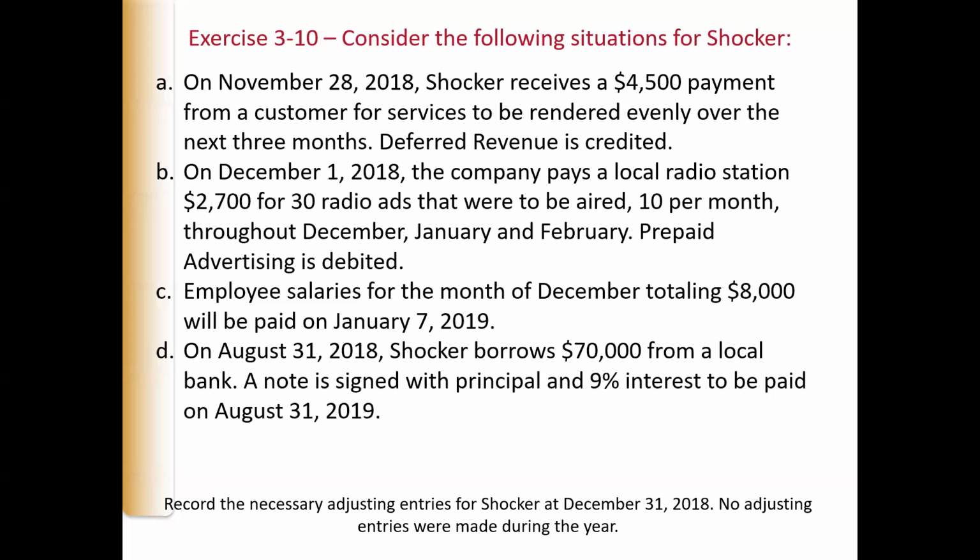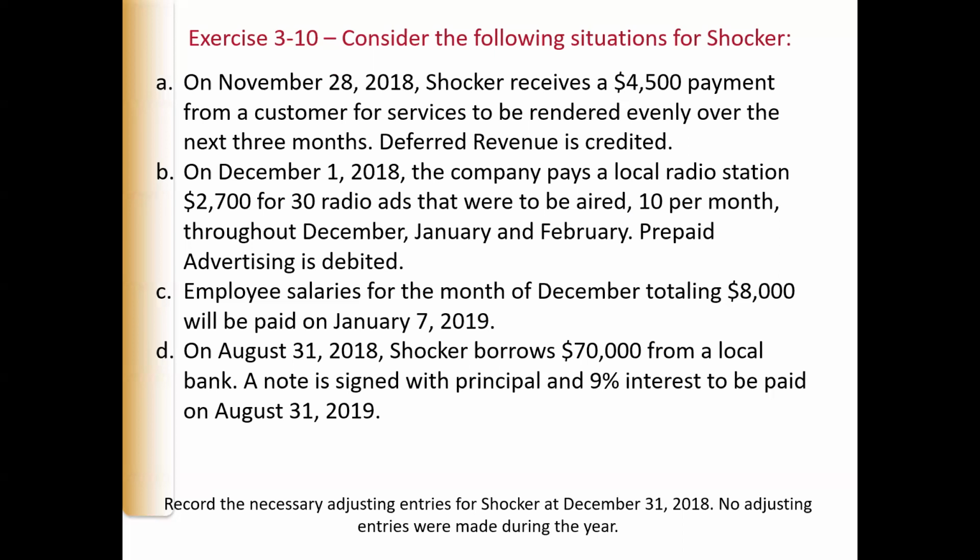Okay, I'm not sure if I'm right, but I think that you would divide the 4,500 into the 3 months, and each month it would be 1,500. So you would end up debiting deferred revenue for 1,500 at the end of each month and crediting service revenue.